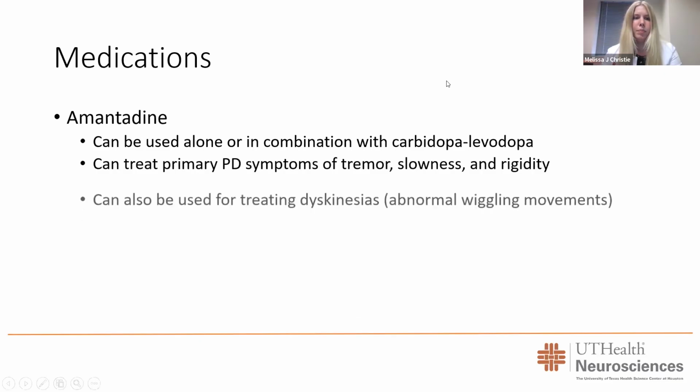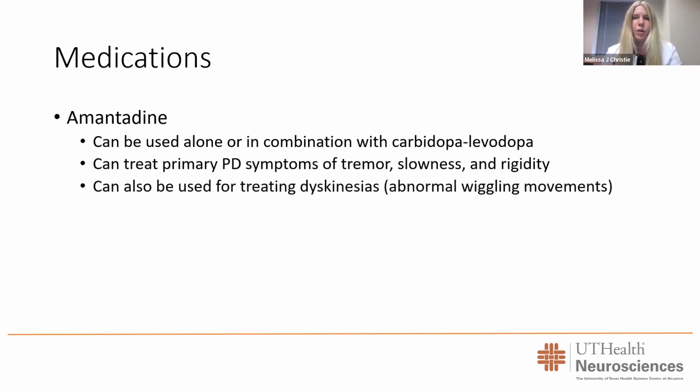And then it can also be used, this is the only medication that we have. Parkinson's patients, as they've had Parkinson's disease, usually for at least 7 years, sometimes can start earlier. They are, not everybody, but some can develop abnormal wiggling movements, kind of dance-like wiggling movements that we refer to as dyskinesias. So this is really the only medication we have for Parkinson's that can actually help reduce those abnormal movements.